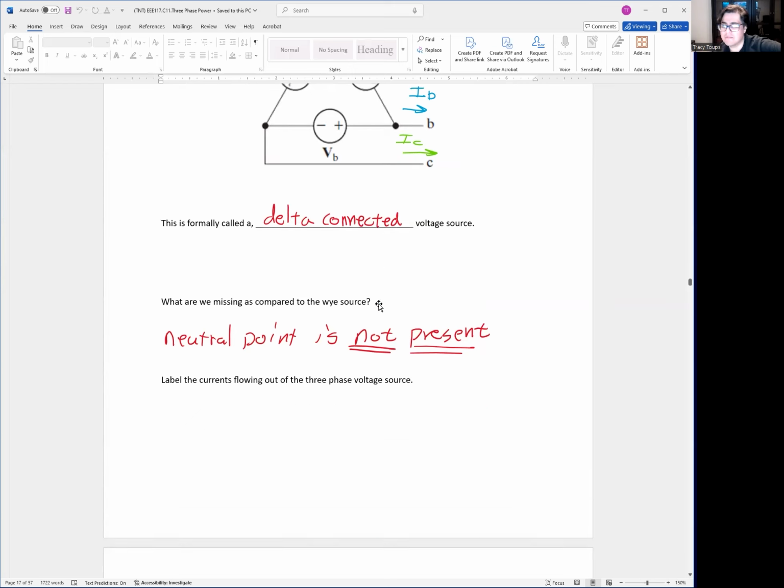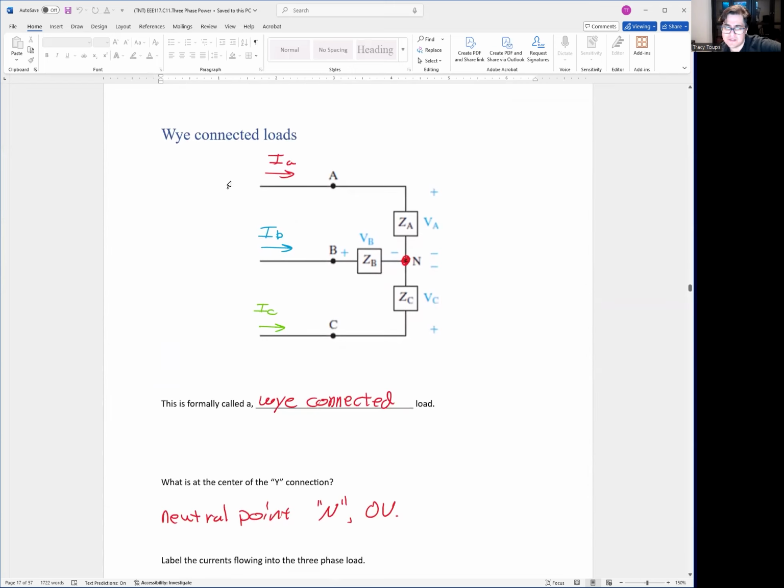Okay. So I just wanted to give you the basics on Y-connected load. So loads, we had the same idea. We got Y-connected loads where you have three separate resistors or 3 separate loads. They come together. So their positive terminals going into the load are from A, B, C. Those are the lines from the power system coming into the load, like so.